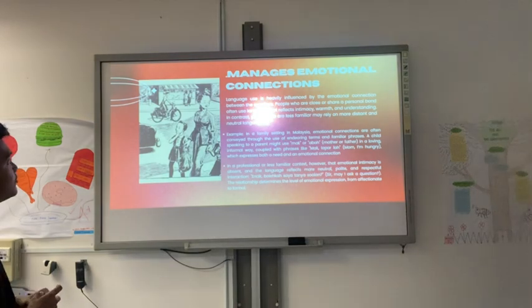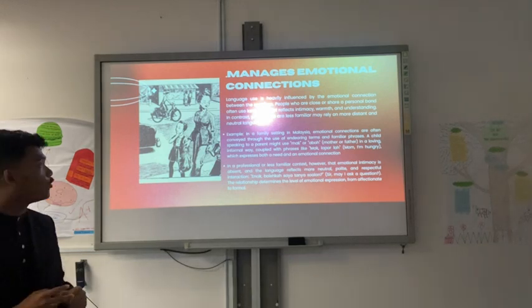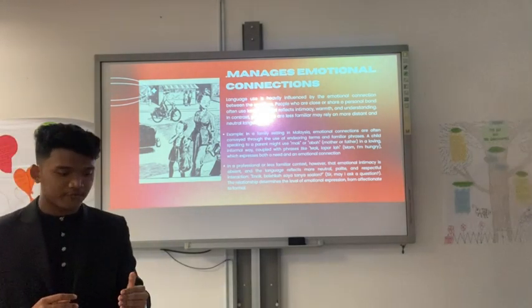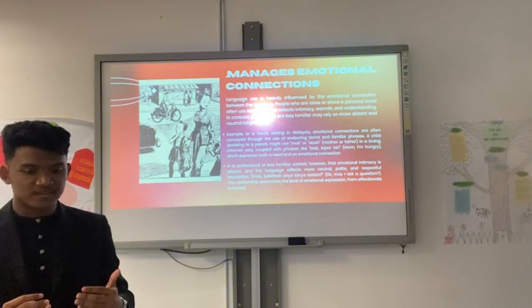Moving on is emotional connection. Language use is heavily influenced by the emotional connection between speakers. People who are close or share a personal bond often use language that reflects intimacy, warmth, and understanding. Like Abid just mentioned, the level of closeness between people and the speaker is important.